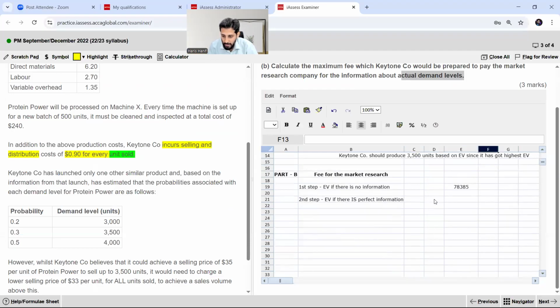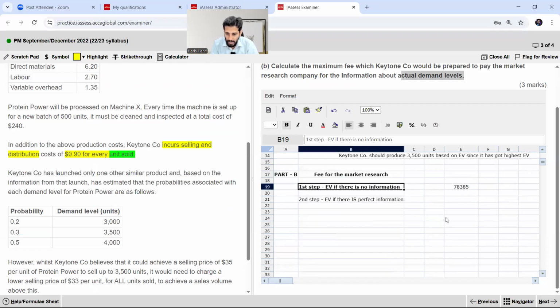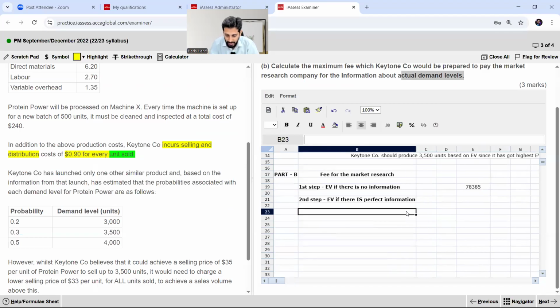Okay, so now I am making this a heading and writing subheadings: if demand is 3000, if demand is 3500, if demand is 4000, right?